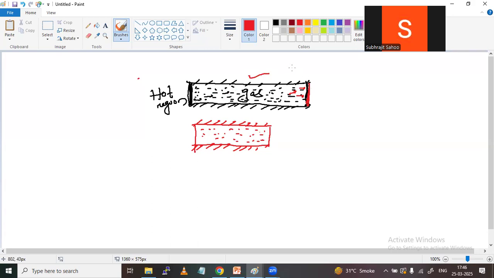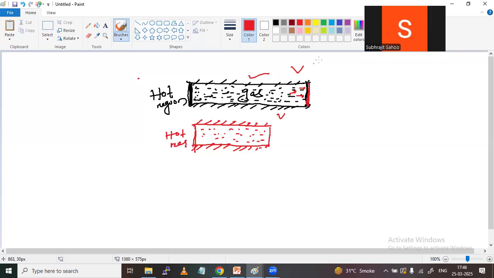The difference is that here the volume is more, here the volume is less, and gas is compressible. It can be adjusted to any volume. Even in a very small volume, the same quantity can be kept, and in a very large volume also the same quantity can be kept. So this time I reduce the volume. Now again I expose this one to the hot region.